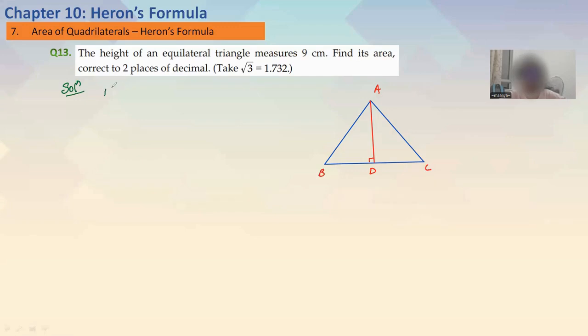Given height AD equal to 9 centimeter, right? Look, area of equilateral triangle uses side, not height.